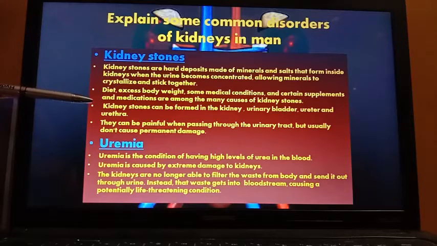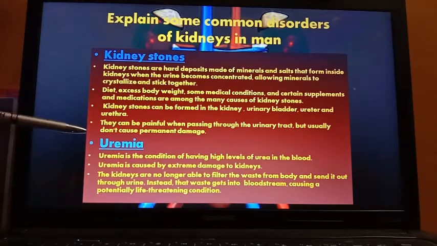Kidney stones can form in the kidney, urinary bladder, ureter, and urethra, any part of the urinary system. They can be painful when passing through the urinary tract, but usually don't cause any permanent damage.